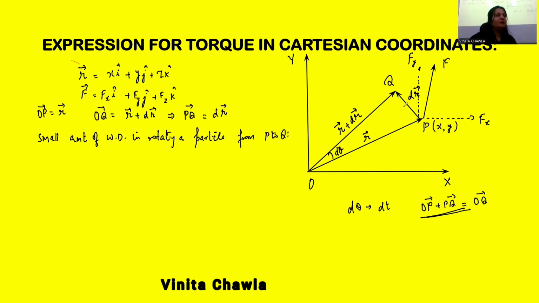Small amount of work will be done, and work is a scalar quantity, right? And it is a scalar product of two vectors, force and displacement. So force applied is vector F dot, scalar product है. Small displacement जो हुई है वो क्या है यहाँ पे? Small displacement vector dr. ठीक है.